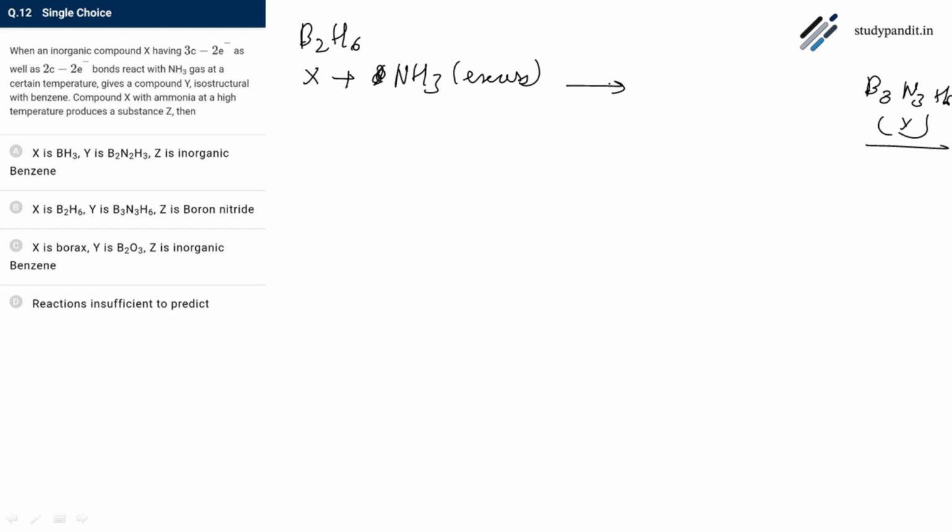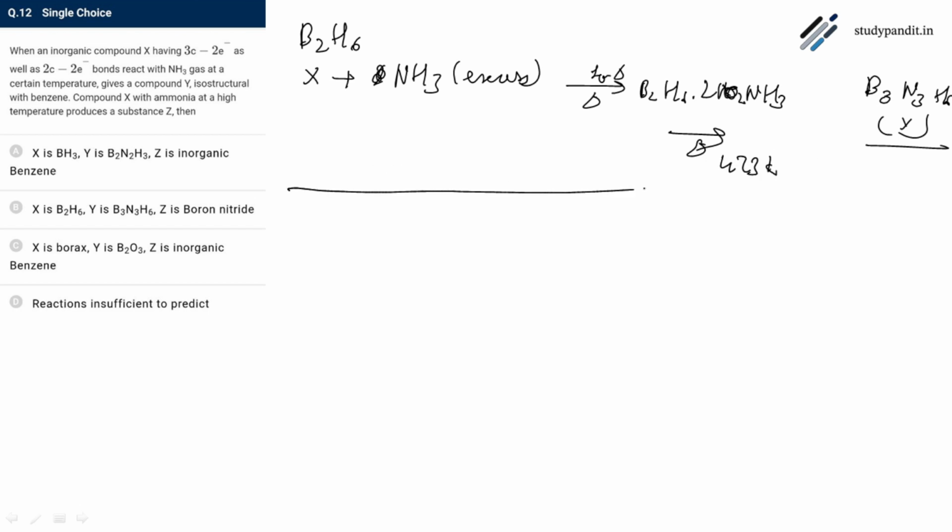B2H6 reacts with this. At low temperature it gives B2H6·2NH3. And when it's heated at high temperature, 473 K, it gives borazole. So what will be the final equation?